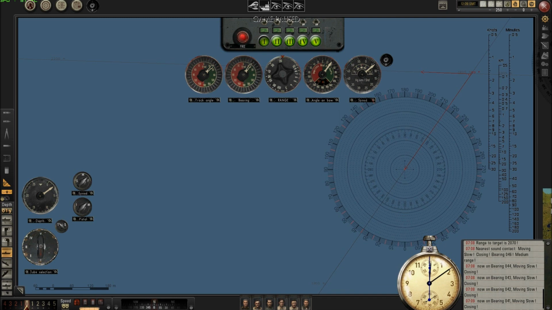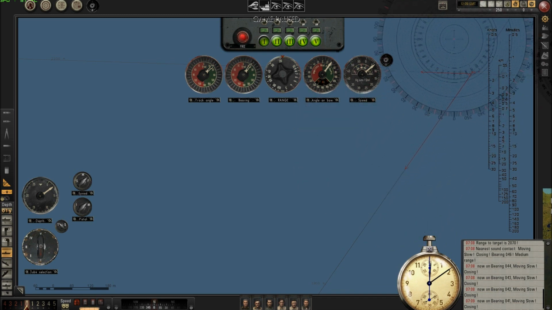Okay, so I will have a 57-degree angle on bow on the left side. Okay, so left side here I have 40, 50, 60, 70, 80.